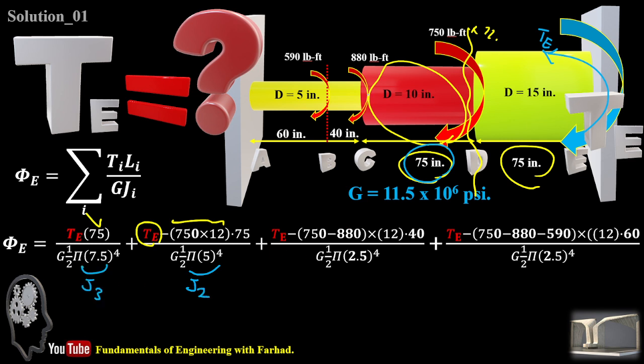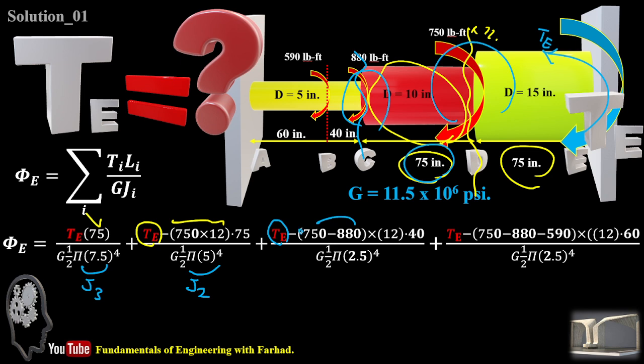And plus, when you are up to here, you have TE minus the first minus the second, which is 750 minus 880.